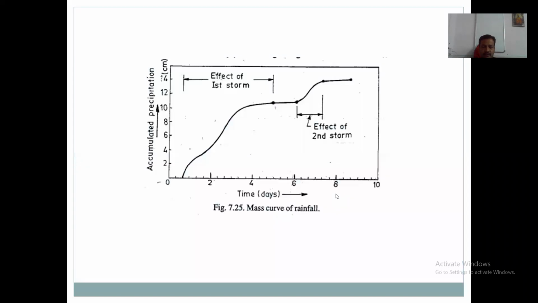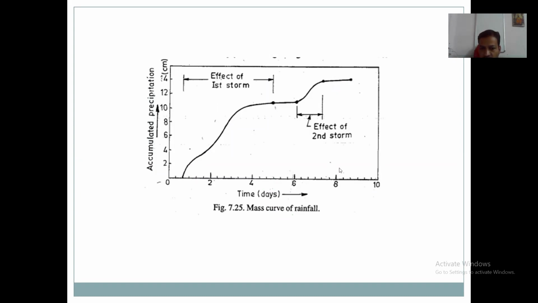From this, you can understand the characteristics of storm. The storm's effect कसा आहे? From this curve, we can analyze the storm precipitation data. First storm ला intensity कमी आहे, rainfall कमी झाले. For second storm, it is increased. The depth of rainfall is increased.